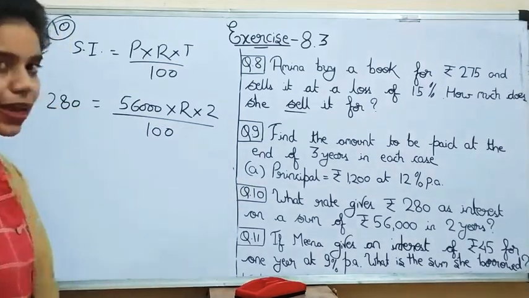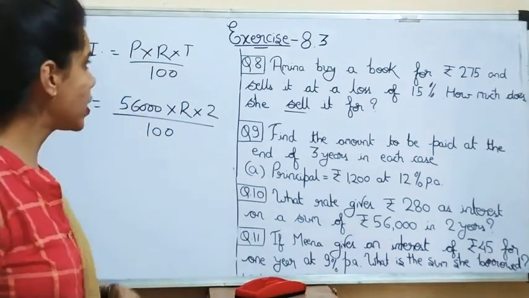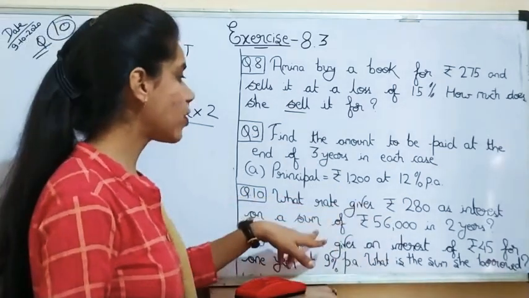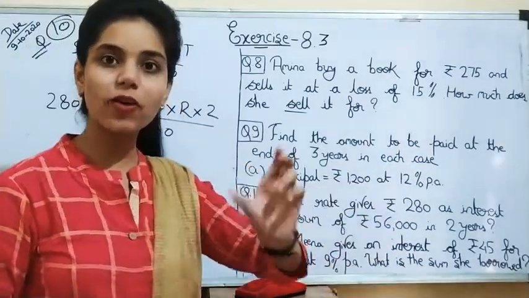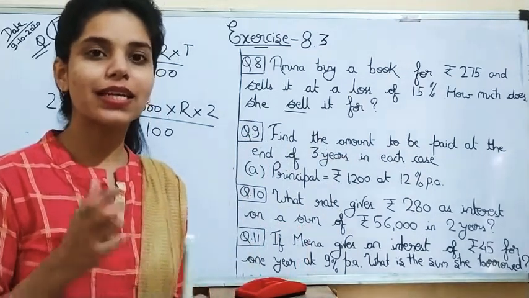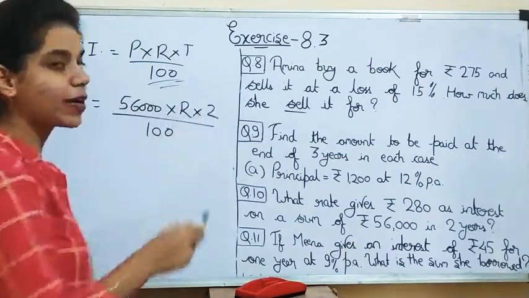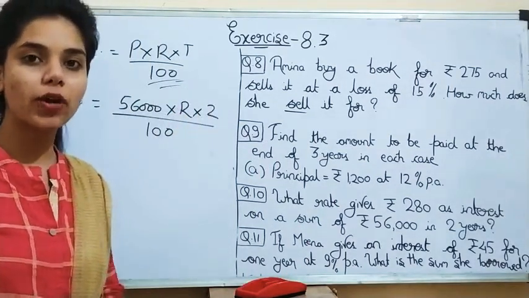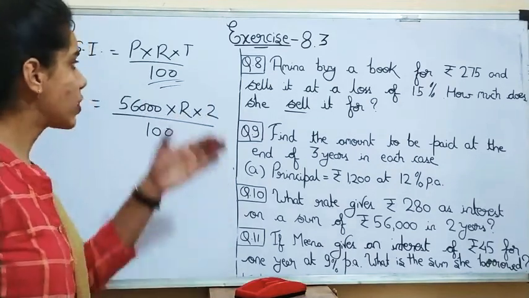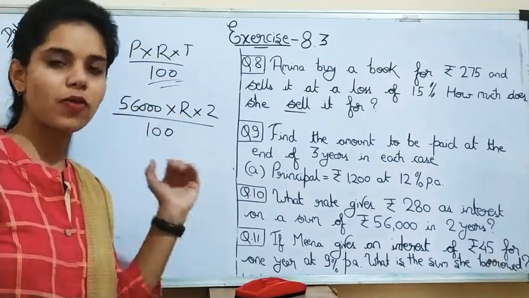Now you may be wondering why 100 comes in the denominator. 100 comes in the denominator to define the rate of interest, because rate of interest is always in percent. Rate of interest means at what percent of rate a certain amount is borrowed, per 100. So that's why, to define the rate, upon 100 comes in this formula.